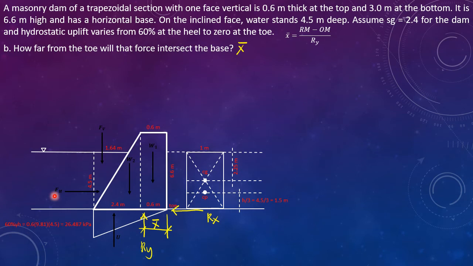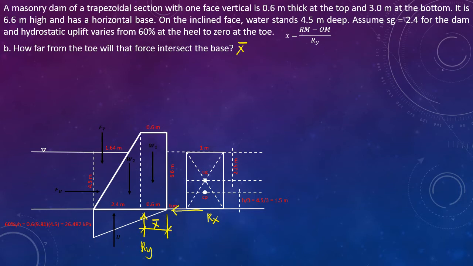It also tends to overturn the dam about the toe. So for OM, we need to take the moments of FH and U about the toe. So meaning we need to determine the moment arms of FH and U with respect to the toe.